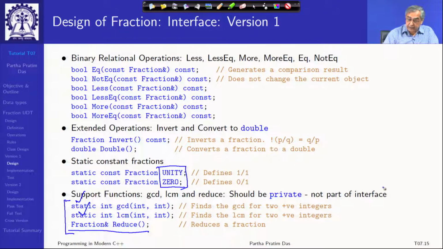Remember that these members are not a part of your interface, that is, the user is not going to use this. So, you will typically have them as private, and you may not mention that in the part of the interface, just as I have written it here.